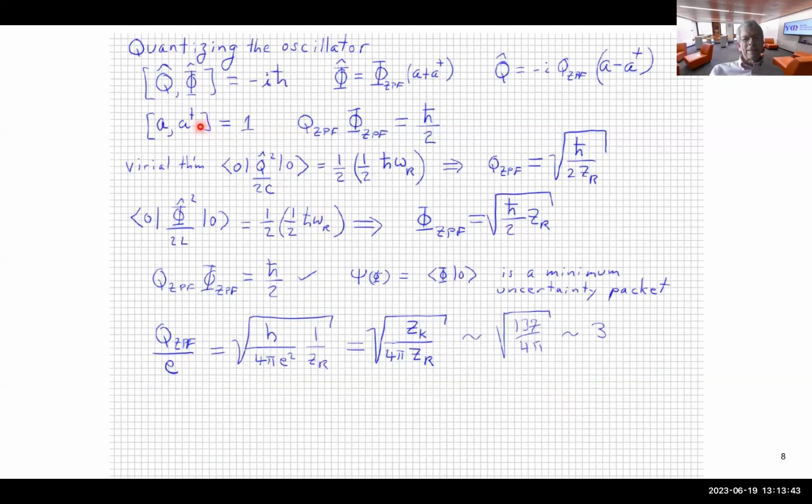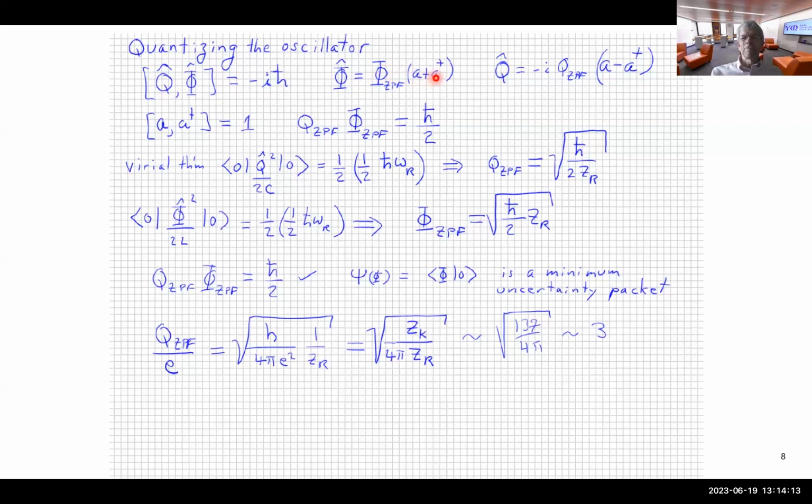Okay, to quantize the oscillator, we just make sure that the canonical momentum and coordinates become operators that have this commutator. And in terms of raising and lowering operators for the oscillator, we can write the flux as some characteristic zero-point uncertainty in the ground state of the flux times A plus A dagger.